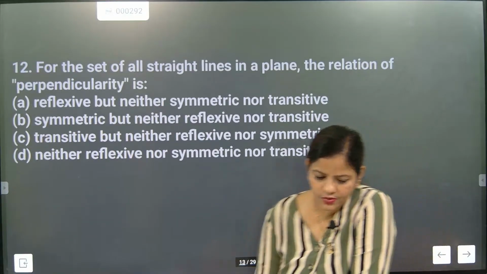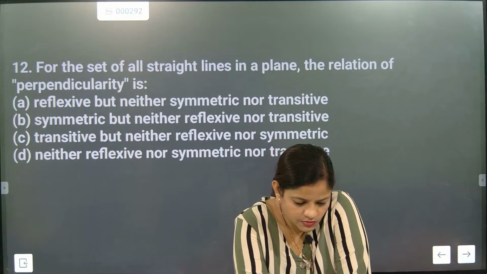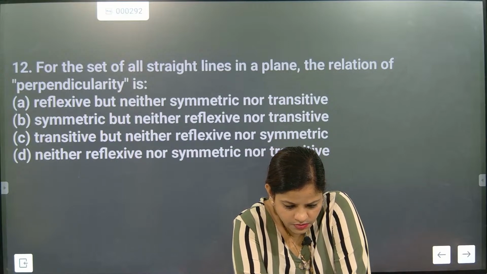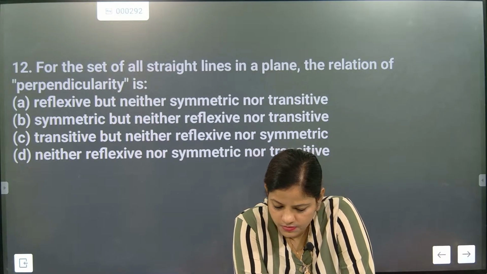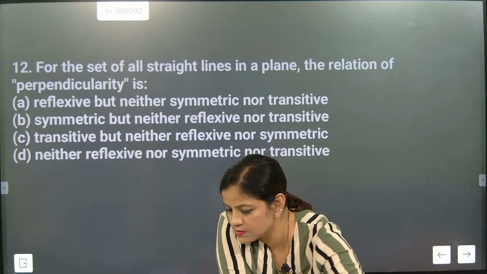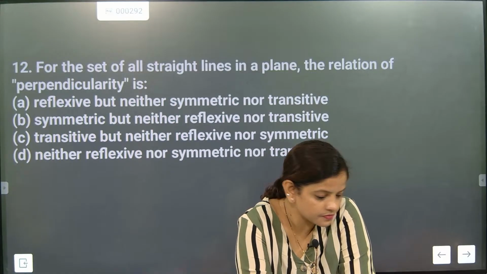And the question number 12 answer, please. Come on, answer this question.